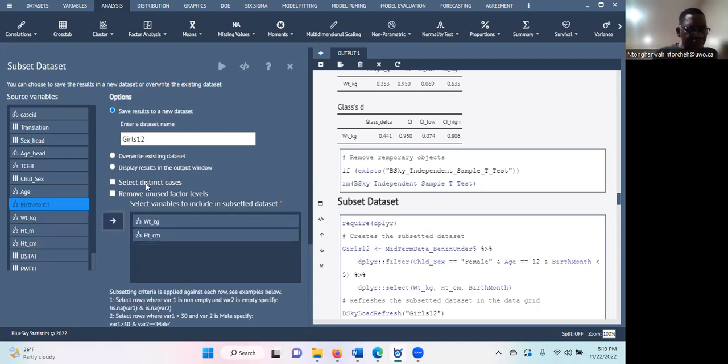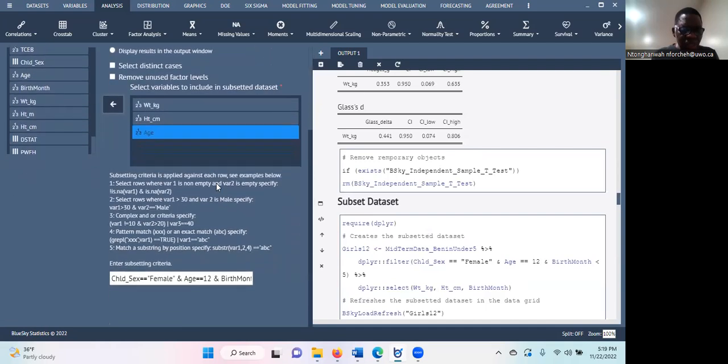Let's look at the age of the children. And what I want us to take, instead of age equals this, is age equals 6 months.